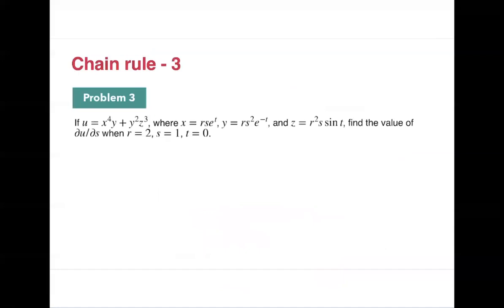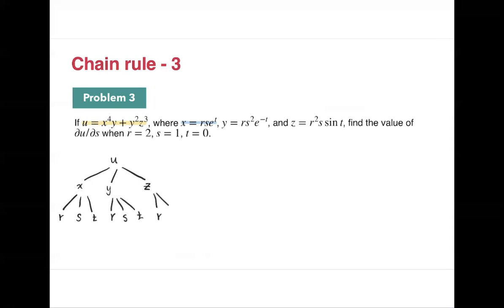Okay, let's go to the more general case. Here, you have u is a function of x and y and z, okay? And you see that x is a function of r, s, and t. And y is also a function of r, s, and t.